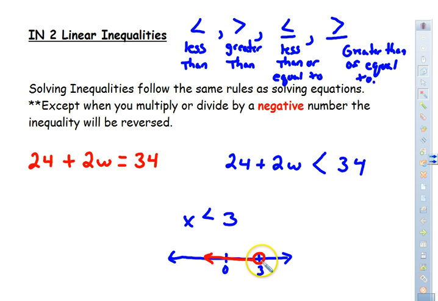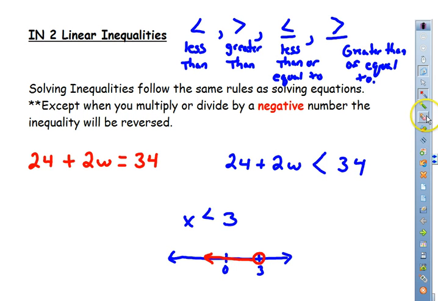But the open circle means that it does not include the 3. It is everything up to that point, or I should say less than 3 on down. Okay, that is how inequalities work, and we will talk more about that as well in future lessons too.